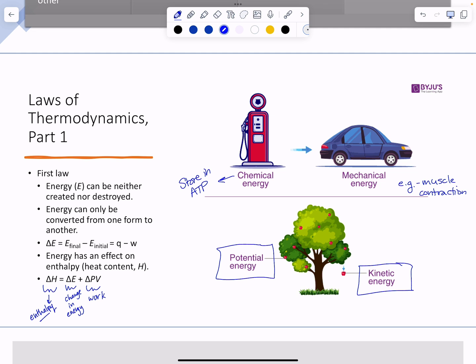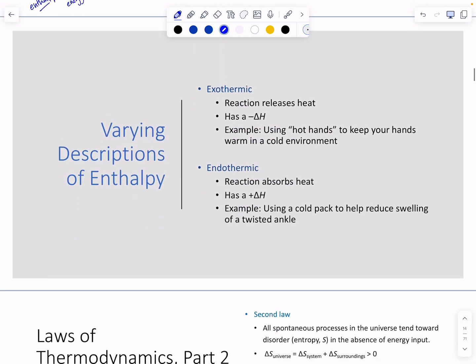So in chemistry, we talk about enthalpy mostly in terms of chemical bonds, the amount of energy that gets released when a chemical bond or a favorable intermolecular interaction, an intermolecular force, gets made, right?